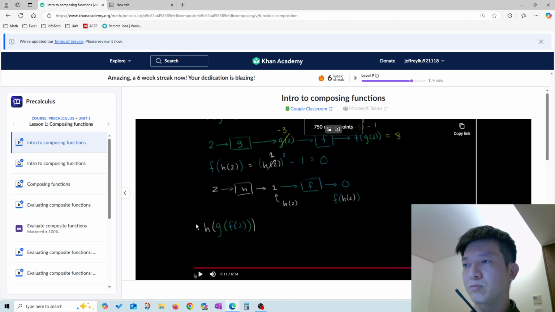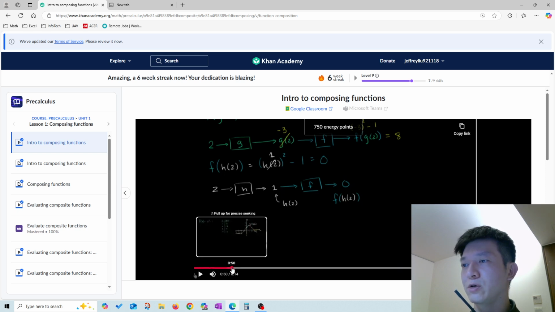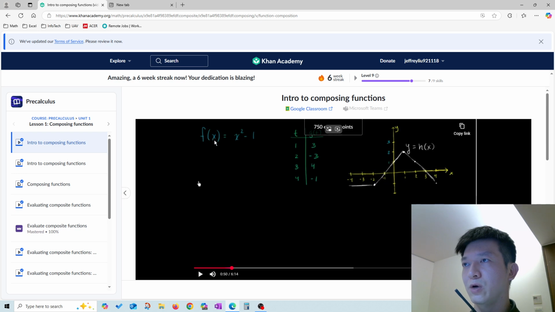So this is our problem right here, f of 2. Remember the square, so you jump into 2 is 4, and then -1 is 3.